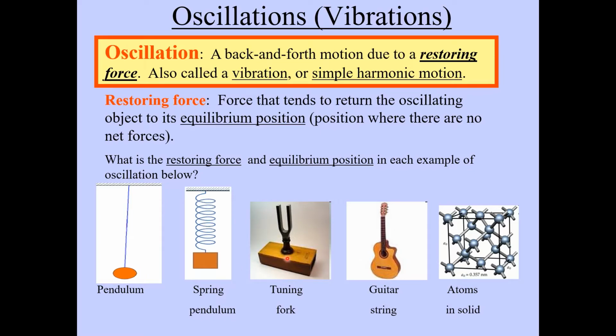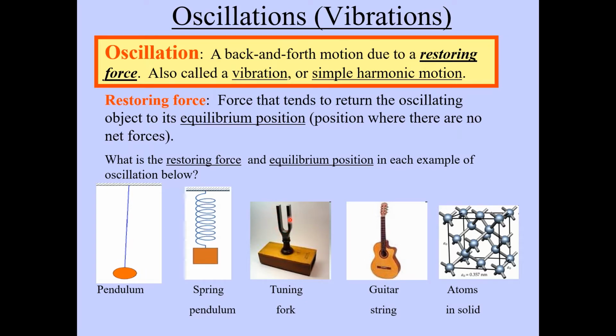A tuning fork, I don't have one right with me here, but you may have seen these. Musicians can use them. You basically hit the tuning fork with a mallet, and it vibrates, and it makes sound. And in this case, the restoring force is the elastic tension in the metal.